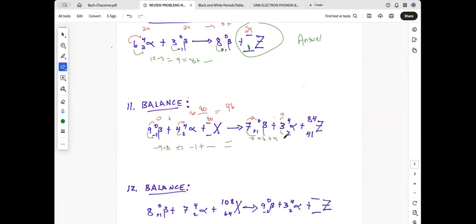So that's 54. So this answer should be 55. 55 minus 1 is 54. So that's my answer for that one.